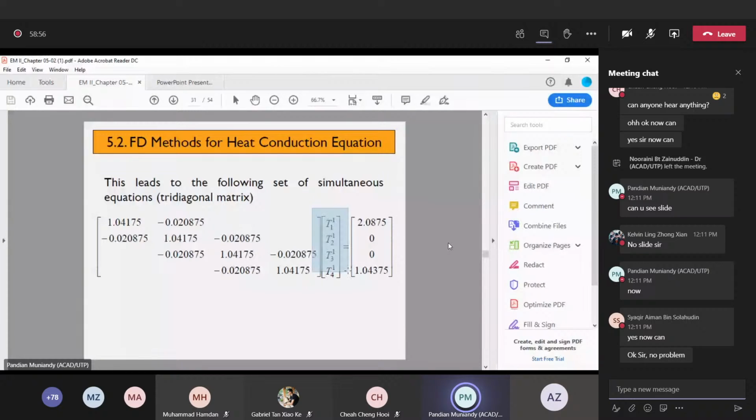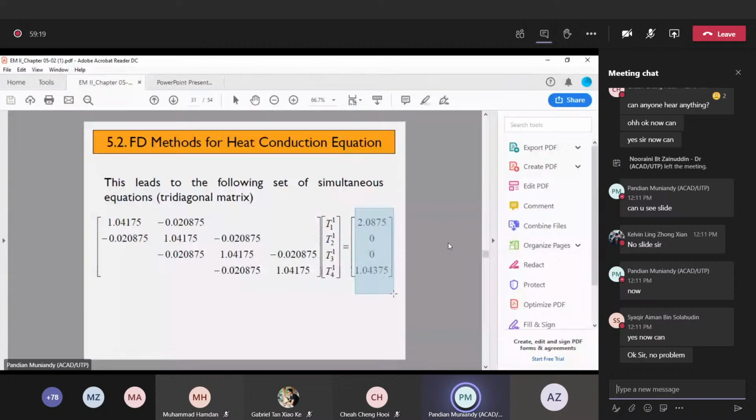This is called column matrix. T1, T2, T3, T4. The L is 0. L when 0, all superscript become 1. So this is what we call the next level, T superscript 1. But the temperature at X1, X2, X3, X4. You remember like that. This one is the nice way of writing.